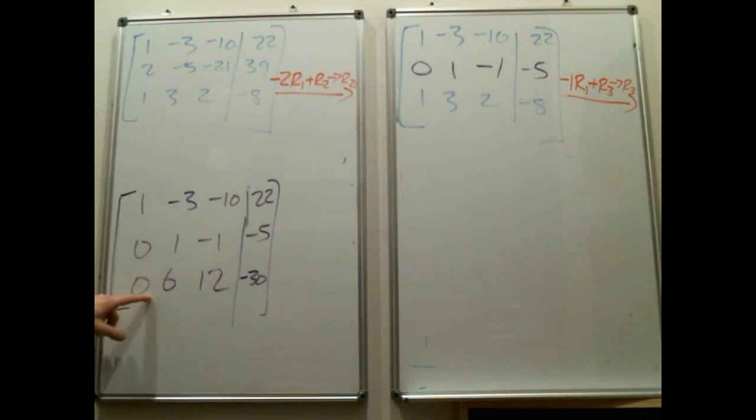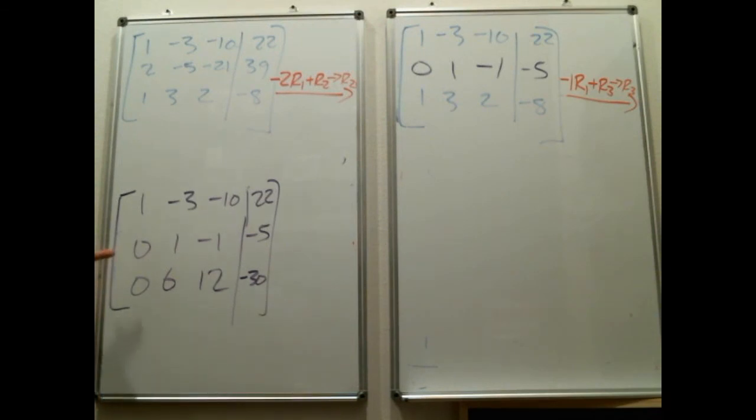So once we make our last entry 0, we move on to the next one in our diagonal and we make this a 1. It's already a 1, so we're good to go. Now we need to make a 0 below there. So how do I make this a 0? What do I need to add to 6 to make it 0? I need to add negative 6.